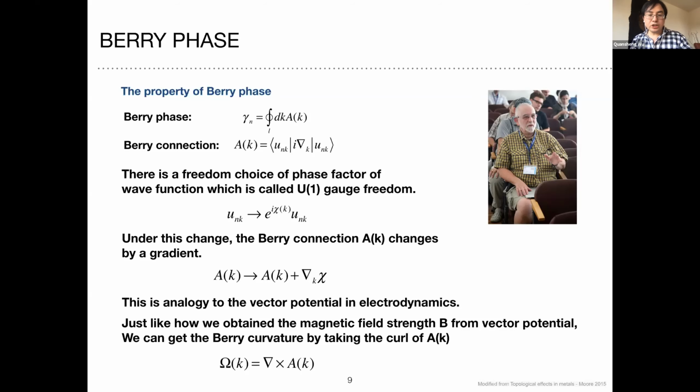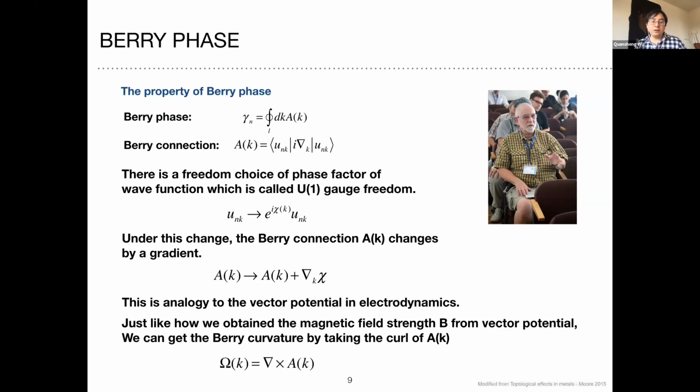Okay. Under this change, the Berry connection changes by a gradient. It's like this. This is exactly the same as what happens in electrodynamics. This Berry connection, just like the vector potential, is almost exactly the same. So we can do the same analogy.